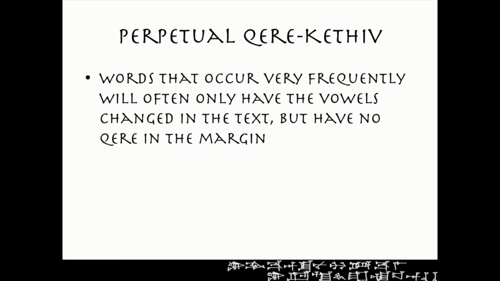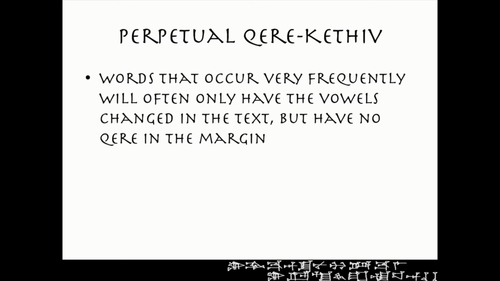And so what they did, because Yahweh occurs so often in the text, they didn't want to put it out in the margin forever. I mean, it would really clog up or fill up the margins with this word that's used so often in the Hebrew Bible.